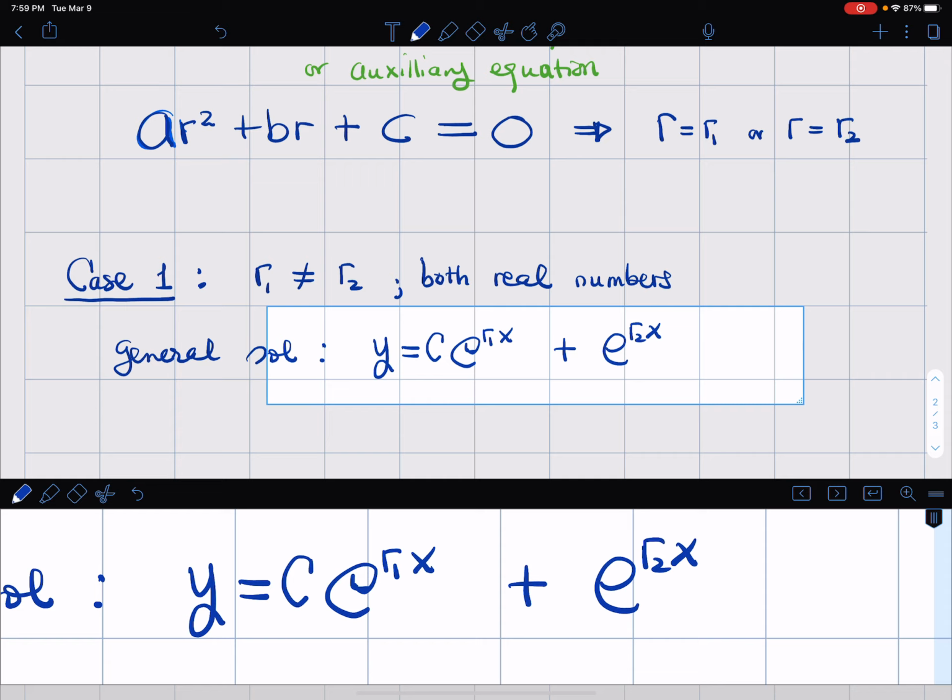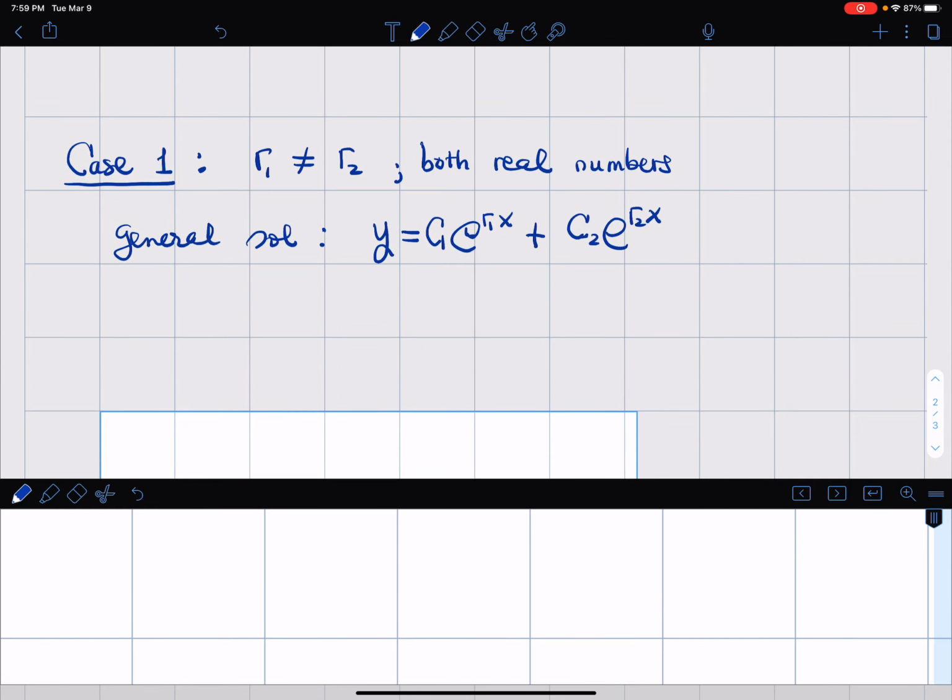And then we put constants c1 and c2 because of our theory. We know that the linear combination of any two solutions is also a solution. All right, so that's the second case.